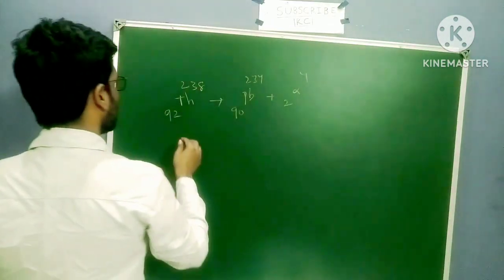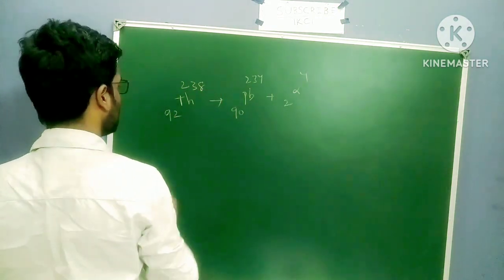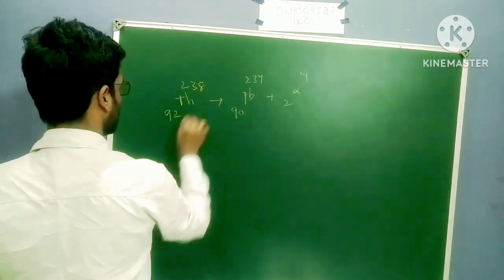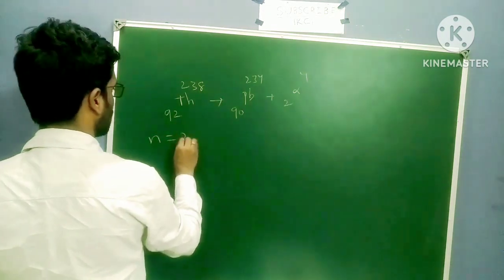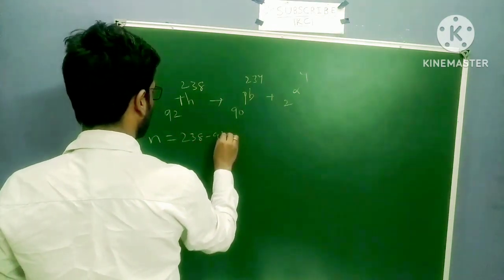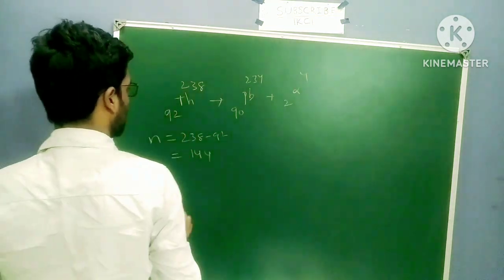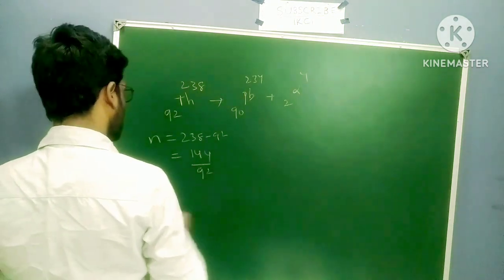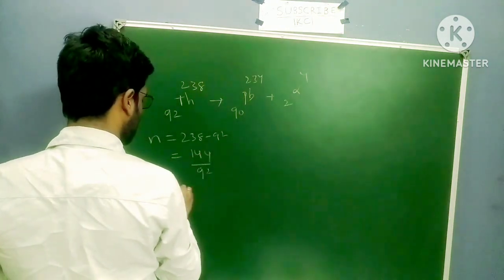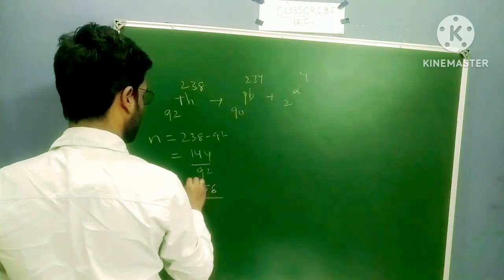See, first of all, the N by P ratio. Neutrons mean mass number minus number of protons. Neutrons: 238 minus 92, that means 146 neutrons. Number of protons is 92, so 146 by 92, approximately 1.58. This is the N by P ratio.